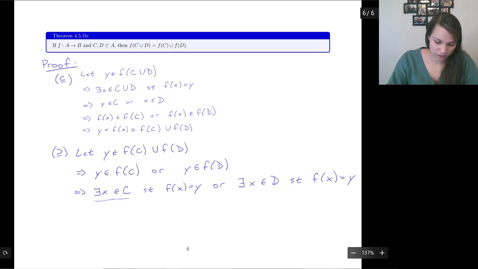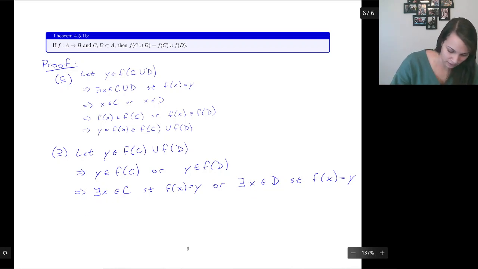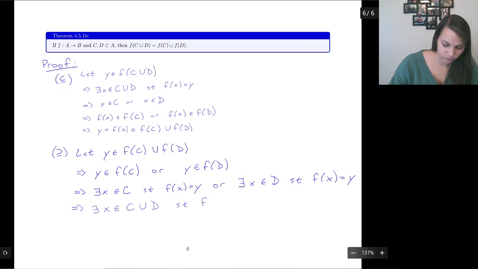So now that we have x is in C or x is in D, then there exists an x in the union such that f of x is going to be equal to y.